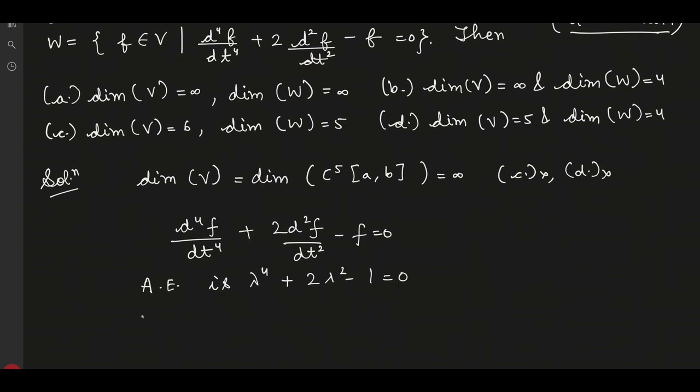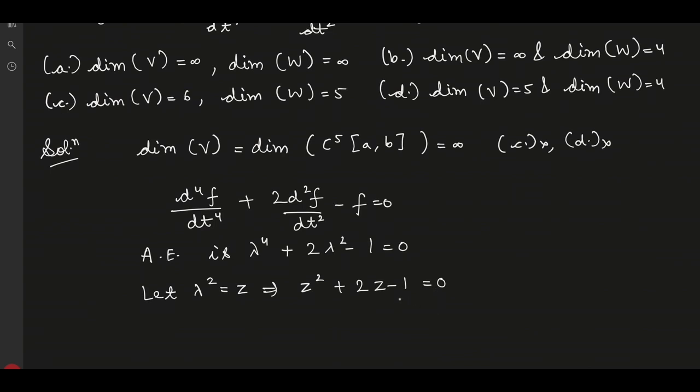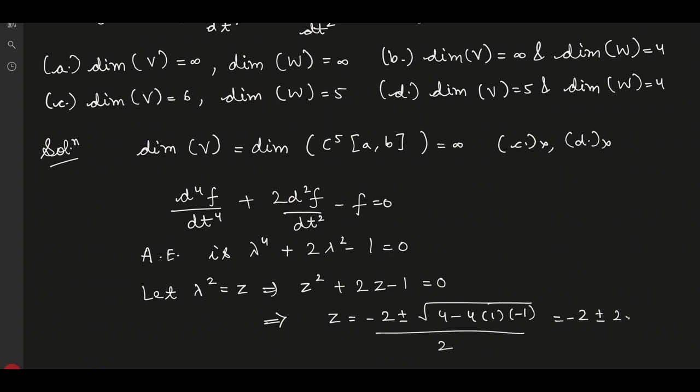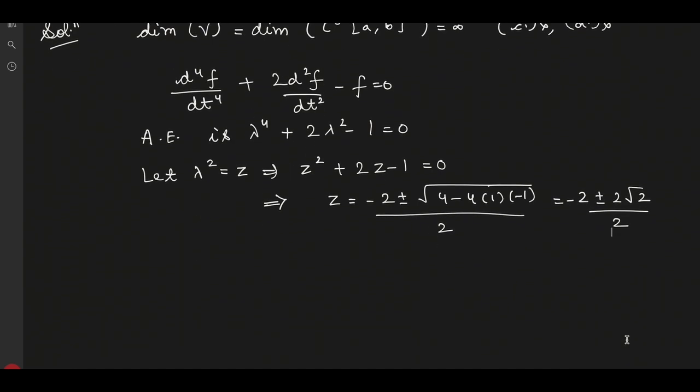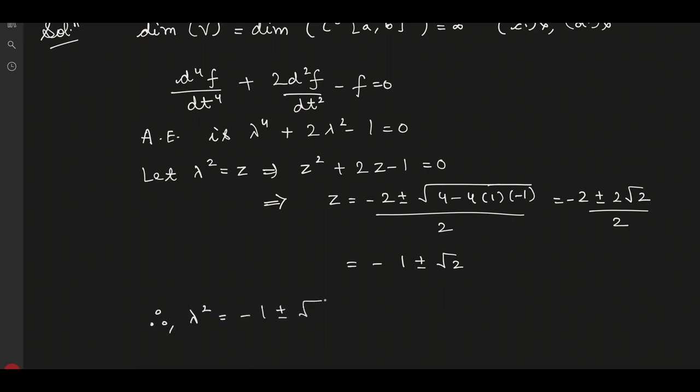Here I can put lambda square as z, then it will be z square plus 2z minus 1 equal to 0. So z equals minus 2 plus minus under root b square minus 4ac upon 2, that is minus 2 plus minus 2 root 2 upon 2, minus 1 plus minus root 2. So z is this, therefore lambda square equals minus 1 plus minus root 2.